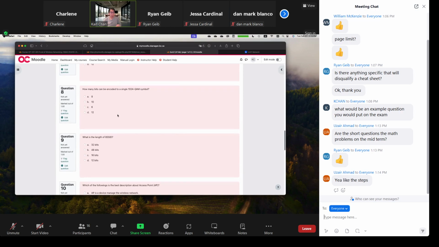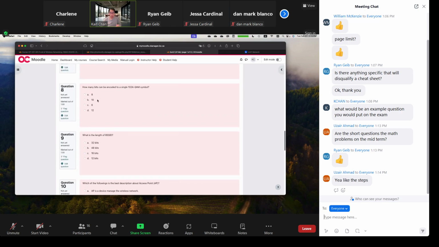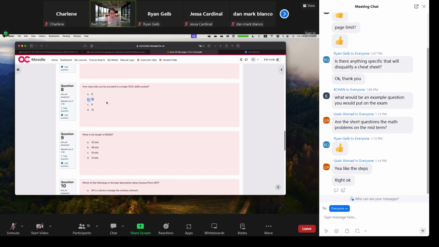If you do this in the short questions, you better show me how you get this. Of course, it depends on the marking scheme I set for the question. Maybe you can give the answer directly and get some points on it.